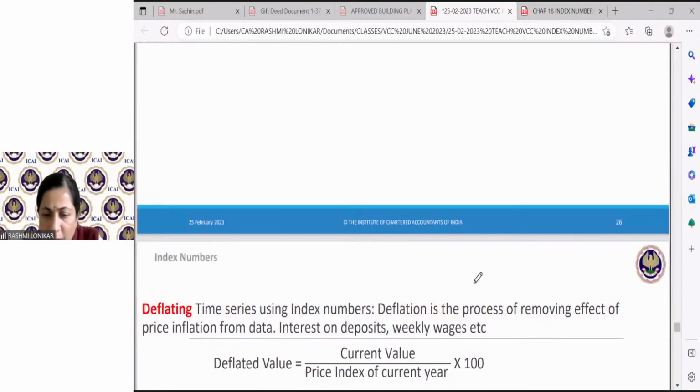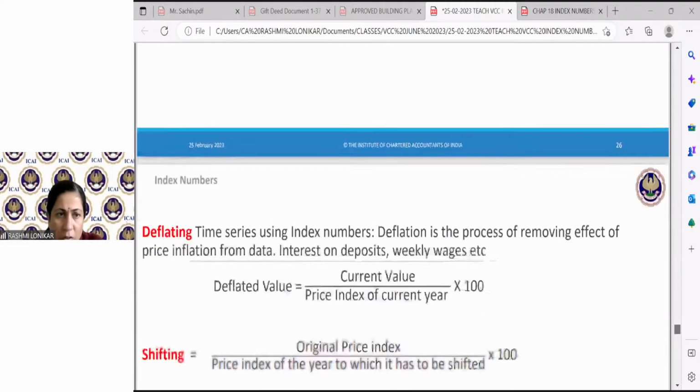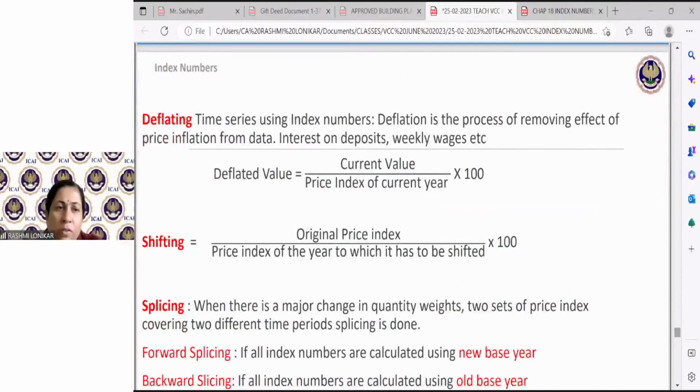Now there are these concepts that you should know of. These are deflating, shifting, splicing. Okay. So here we will first do from the PPT, and then I will take you to the sum in the study material for understanding. Time series using deflation and using index numbers. Deflation is the process of removing the effect of price inflation from the data.